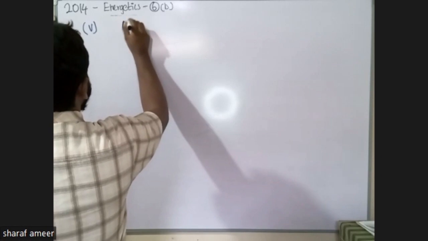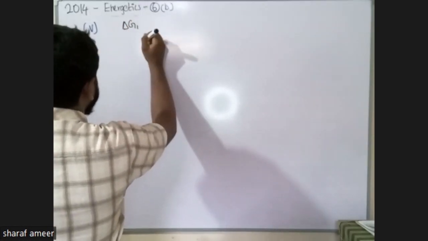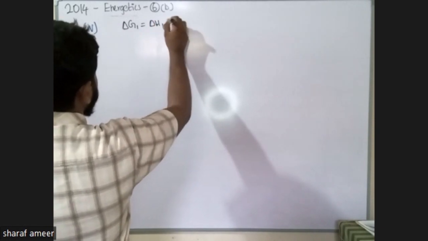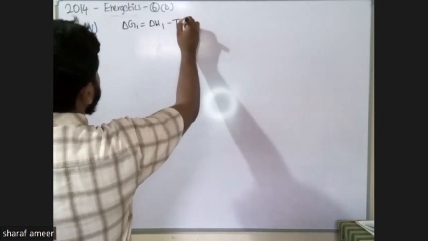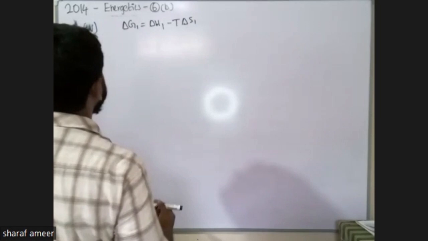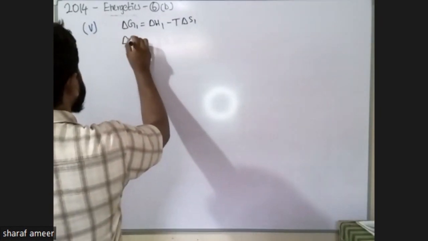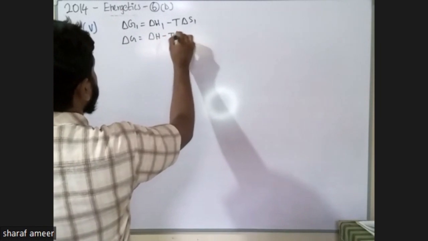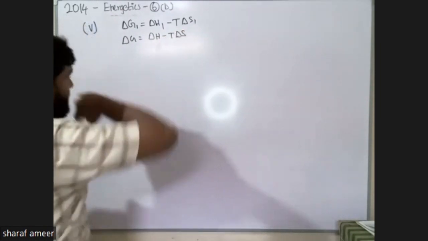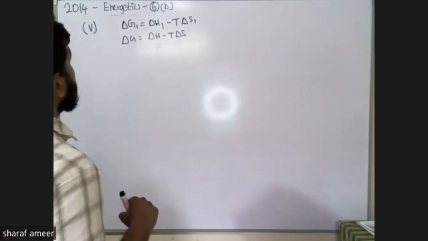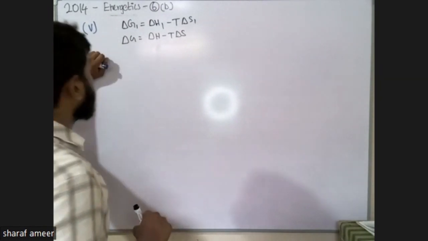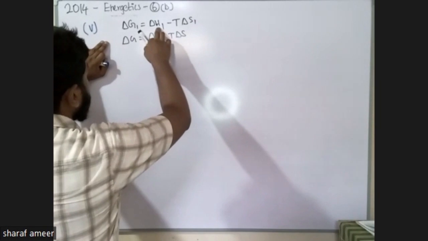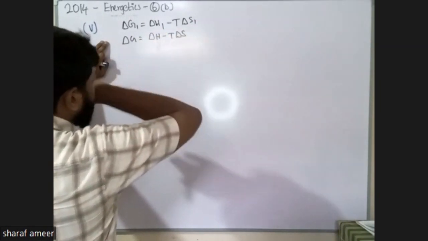Now we took delta G1, delta G1 is delta H1 minus T into delta S1. In the other case, delta G is equal to delta H minus T into delta S. If these two are equal, the temperature and the entropy changes should not change.